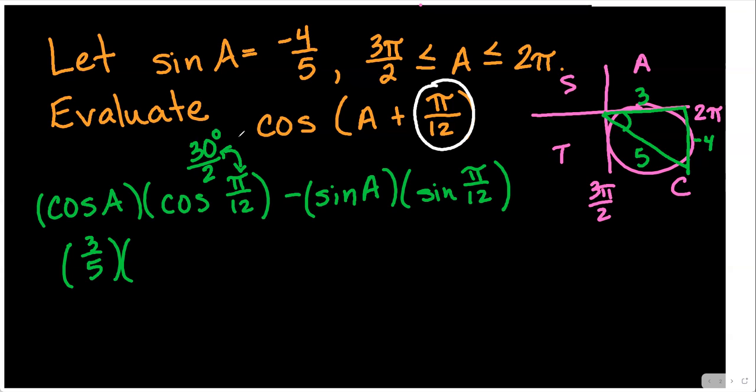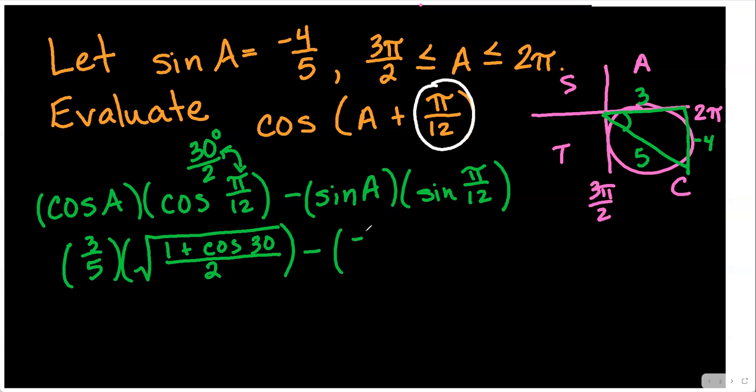So I can use a half angle idea here to say that this is going to be the half angle applied to 30 degrees. So the square root of 1 plus cosine 30 over 2, minus sine of A, which they gave to us, so we have -4/5.